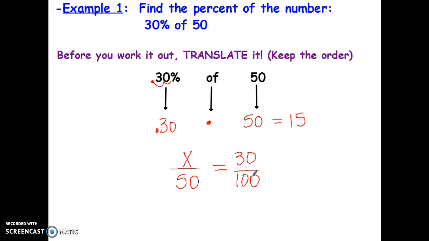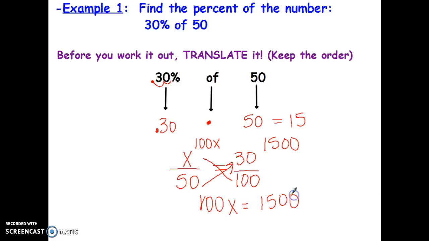So then if we write our proportion, we cross multiply. 50 times 30 is 1500. 100 times x is 100x. And then we solve. We have 100x is equal to 1500. We divide. And again, we see x is equal to 15.